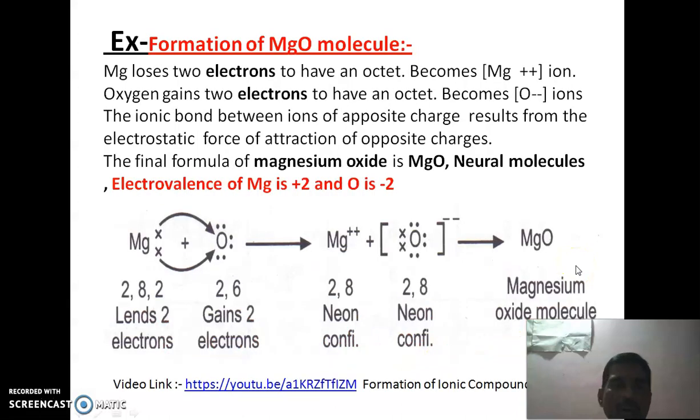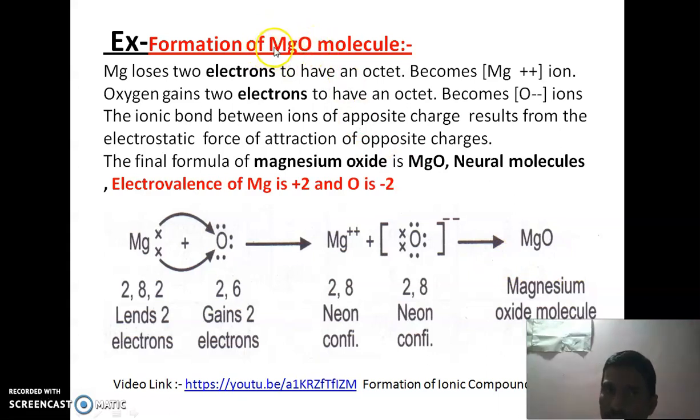Okay. Now one example is the formation of the magnesium oxide molecule. The magnesium oxide molecule is formed by the combination of a magnesium atom and an oxygen atom.